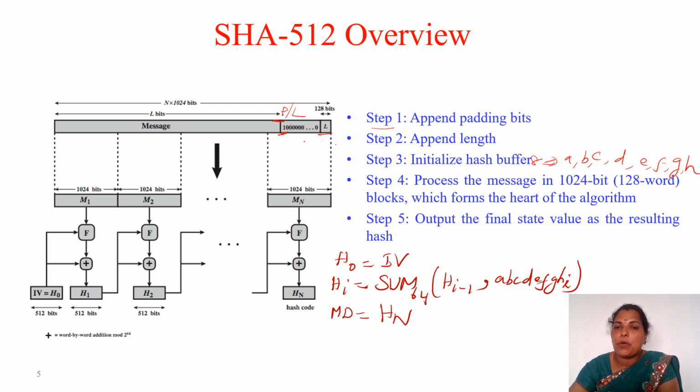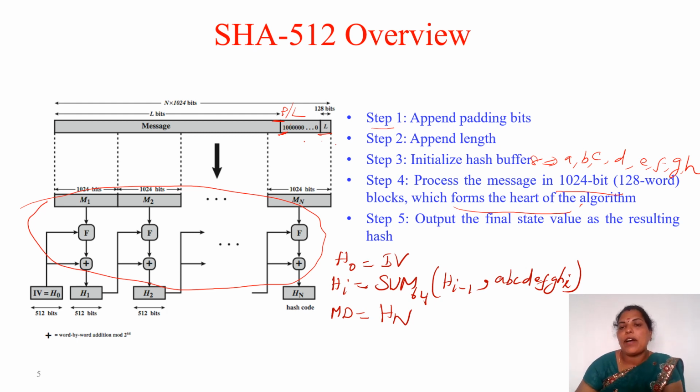In the fourth step we process the message in 1024 bit blocks, which forms the heart of the algorithm, because here we perform computation and generate the hash value. Finally, in step 5 we output the final state value as the resulting hash.